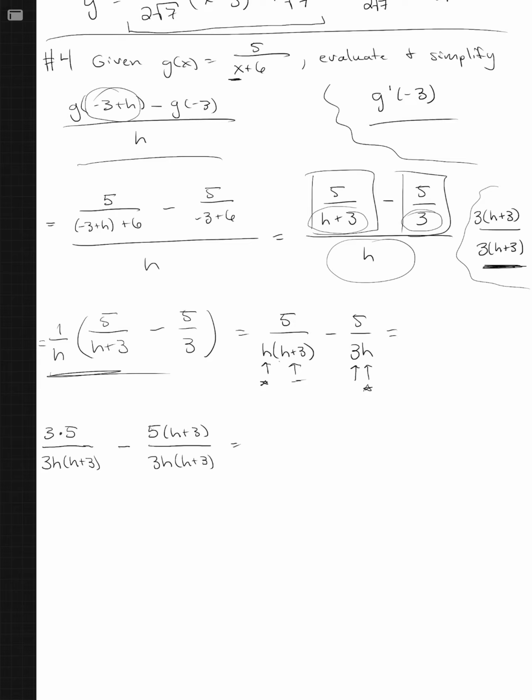Now that they have a common denominator, we can say this is 15 minus 5 times h plus 3 all over 3h, h plus 3. And now if I'm going to cancel something out, which, given that I know where this comes from, I should be pretty well aware that we want to cancel something out, probably that h, right?